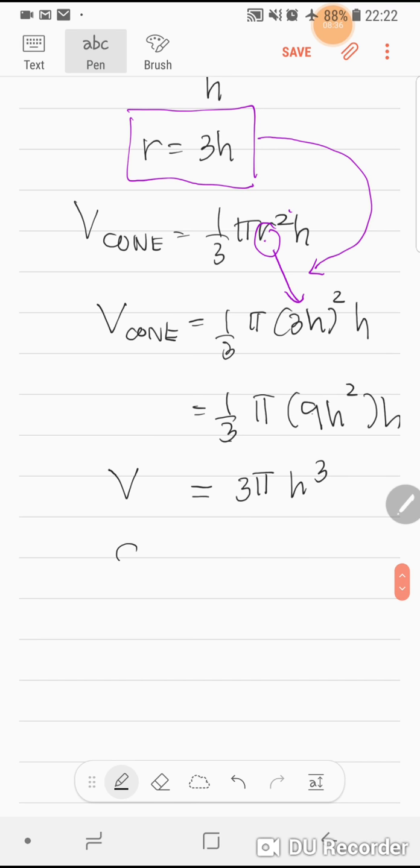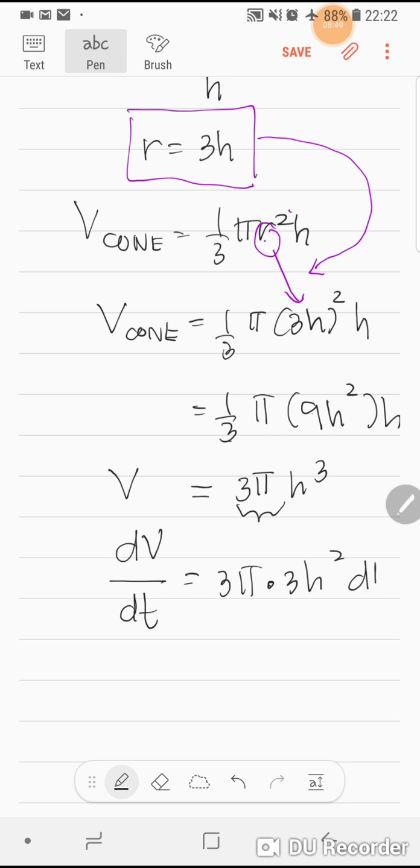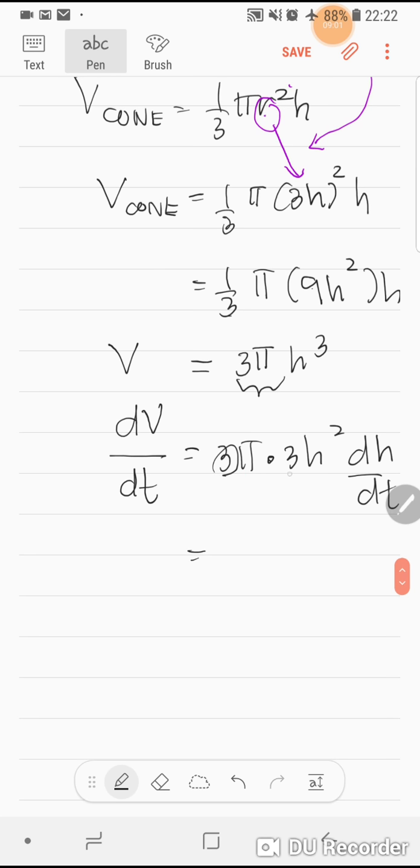If we want to get dV over dt, this one is a constant, 3 pi times 3, applying the chain rule, h squared dh over dt. So we know for a fact that here this would be 9 pi.